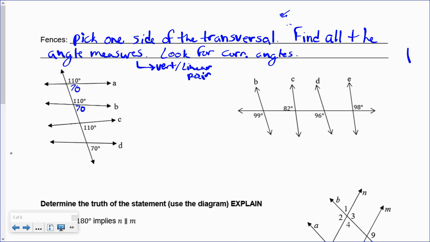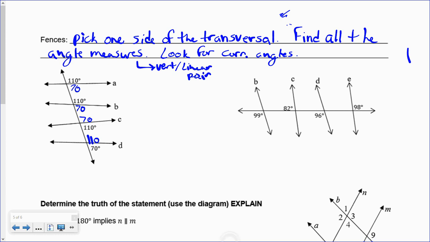The directions do not say that they're parallel, and we don't have a parallel symbol, so you cannot use any of the angle relationships from parallel lines. That's why you just pick one side. We have another 70 right here, and another 110 right here. Just fill it out. You know how to do that.